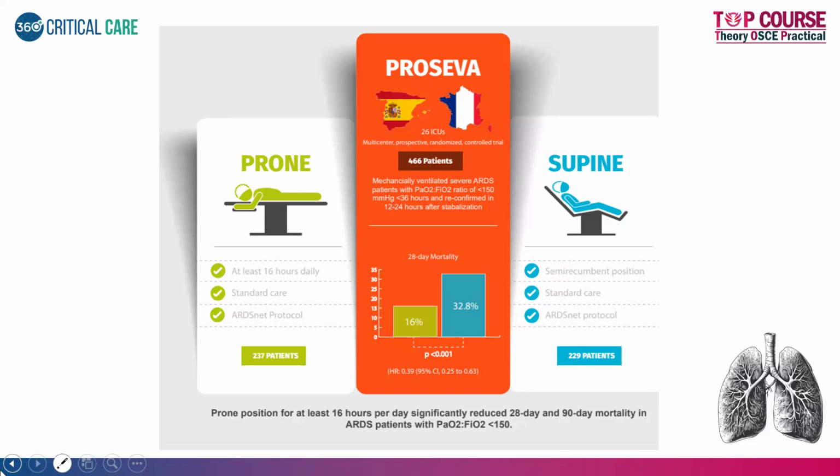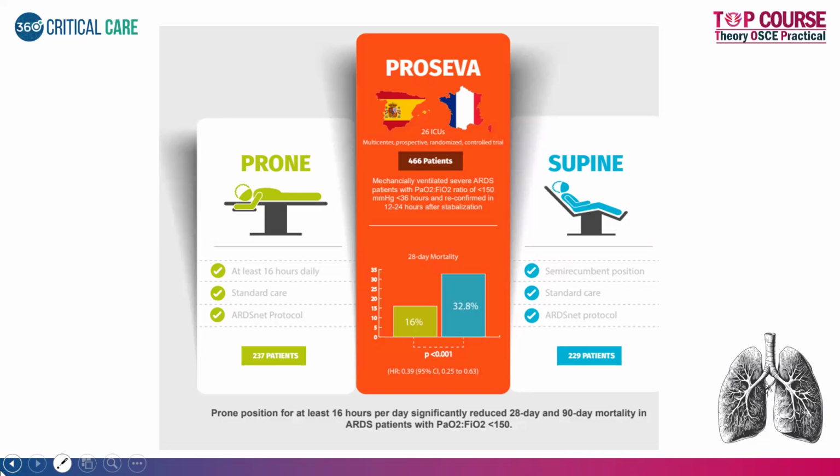That is one of the reasons it is also used as a limitation of the study. But there have been multiple trials done using the same protocol, and an article by the same group, published in 2021, showed that proning did make a difference in the long run as well.